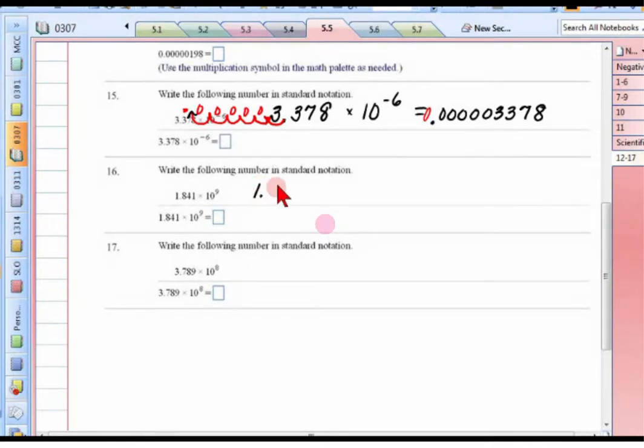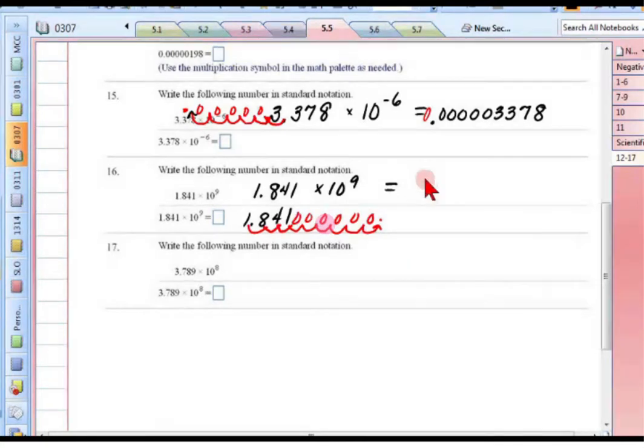16 starts out as 1.841 times 10 to the 9th power. And I need to change that to standard notation. Is that going to turn into a little bitty decimal or a big old number? Big number, which means I need to move it 9 places to the right. So I'm going to write it down here. I need to move it 1, 2, 3, 4, 5, 6, 7, 8, 9, and drop it, which means I need to fill in with 6 more zeros.